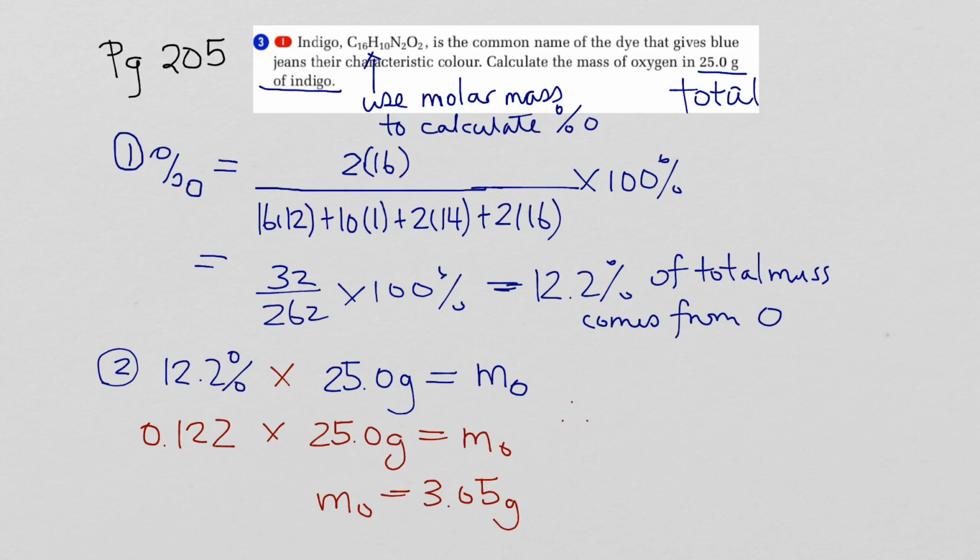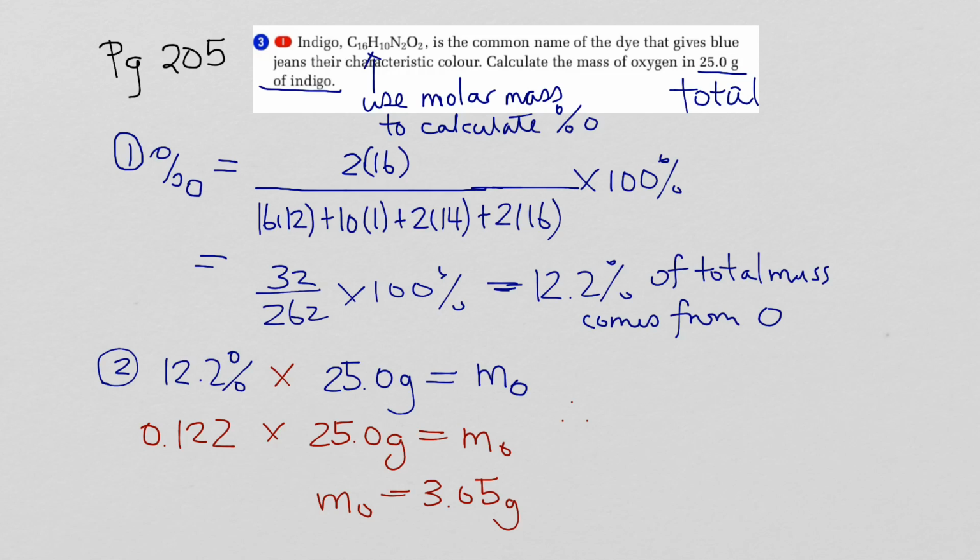So what did we just calculate? We just calculated that the mass of oxygen in indigo always takes up 12.2%, regardless of how big your sample is or how small your sample is. And in the question, the sample happens to have a total mass of 25.0 grams. Right? So knowing that it takes up 12.2%, all we have to do is take 12.2% of 25 grams, and that gives us the mass of oxygen.